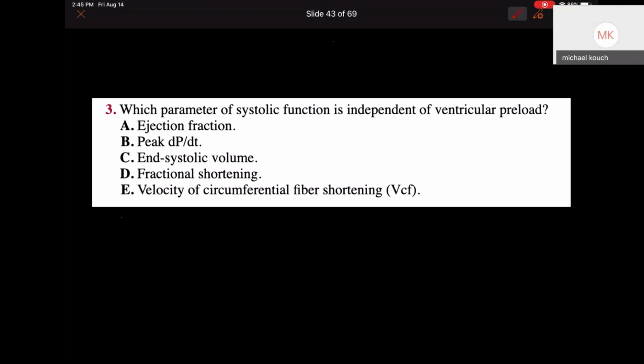I would think it would, because it's still dependent on your end diastolic volume. Okay. How about peak dp/dt? Have I gone over that yet? No. So would I involve that in this question? No. All right. So the true answer here is end systolic volume. It's independent of your ventricular preload.